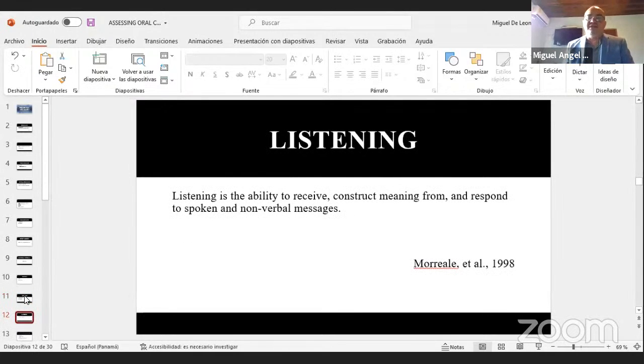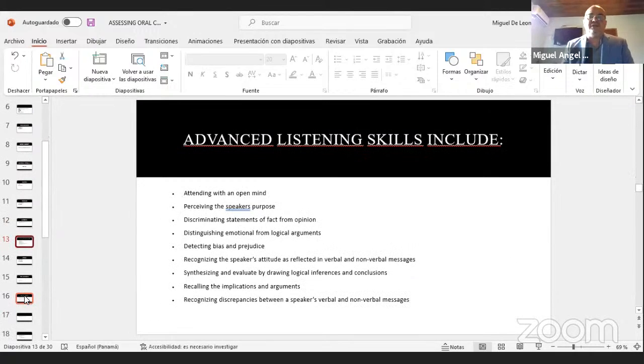And those are the different purposes. Here, listening, which I already talked about. And let's say these are the skills that any advanced listener should include, you see. And there is a lot to do with pragmatics here. Distinguishing emotional from logical arguments, detecting bias and prejudice. For example, these are obviously skills that an advanced speaker must have.